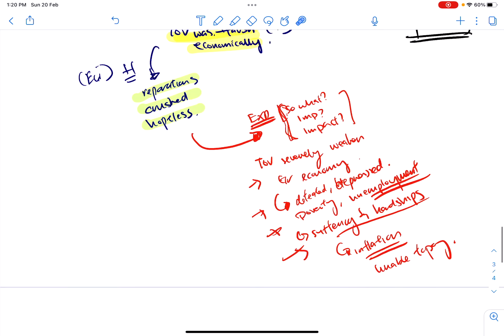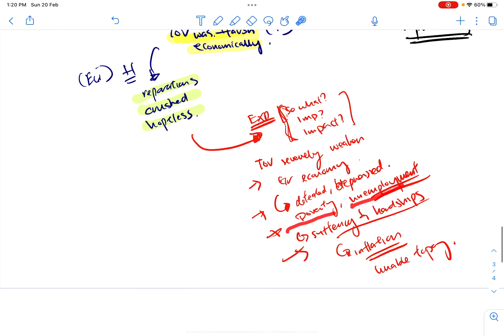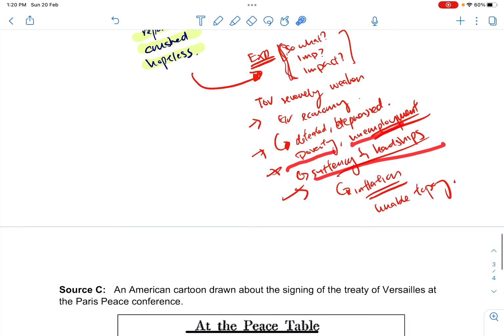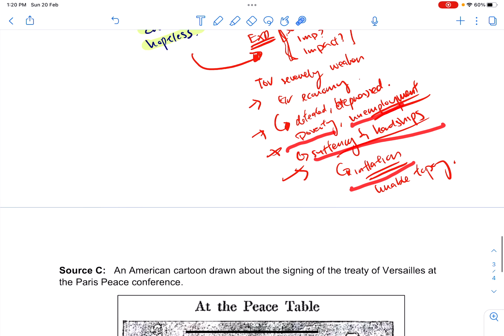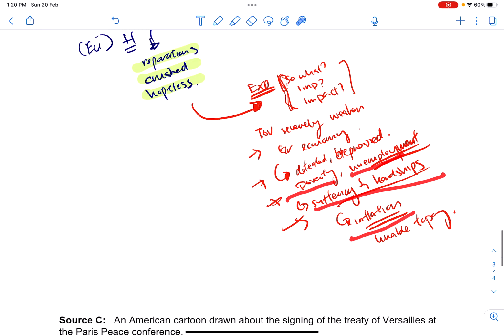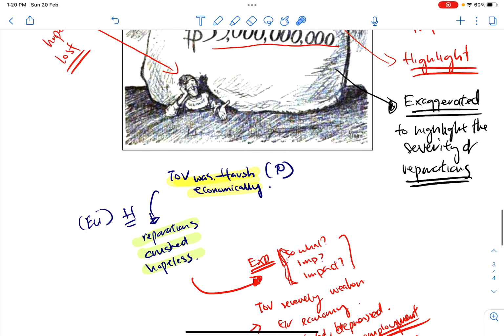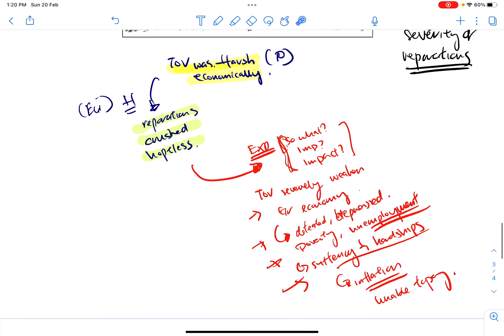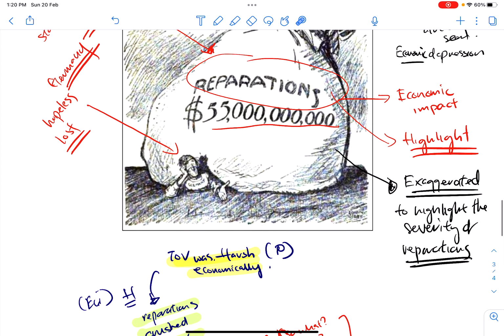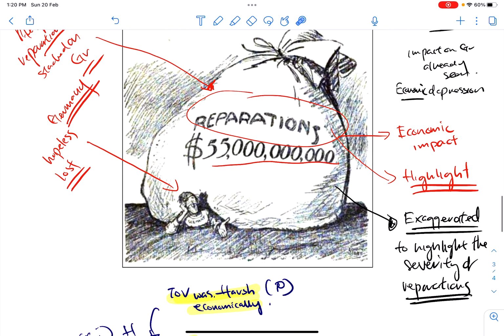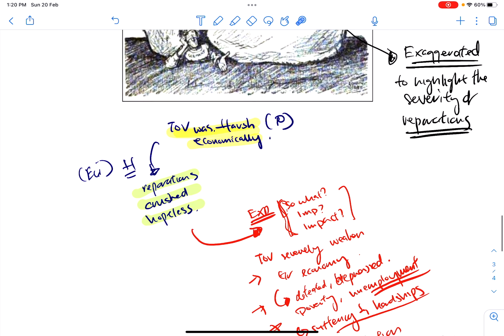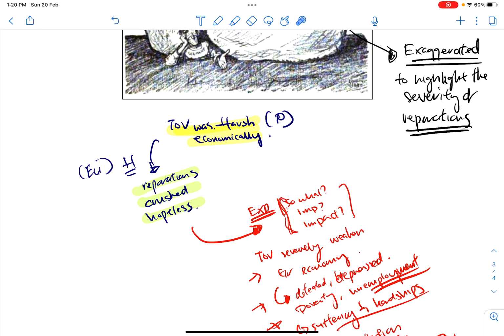It's going to lead to a lot of poverty, unemployment, suffering for the people, and it may also lead to inflation, weakening the value of the life savings of the German population. So the impact of the TOV here is very harsh because it impacted Germany economically. That is what the source is trying to say as a whole, correct?